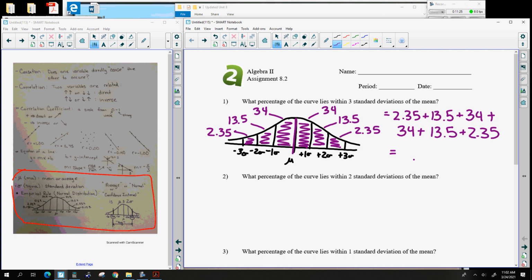I believe that's 99.7%. A lot of times they ask that as a decimal, so that would be 0.997. But here, the percentage is 99.7%.